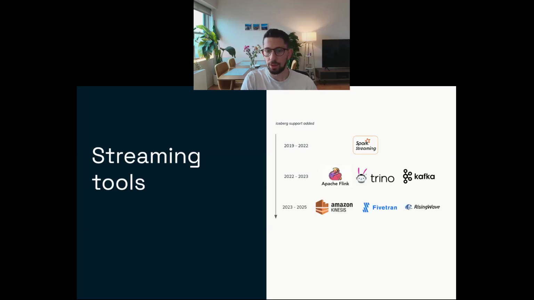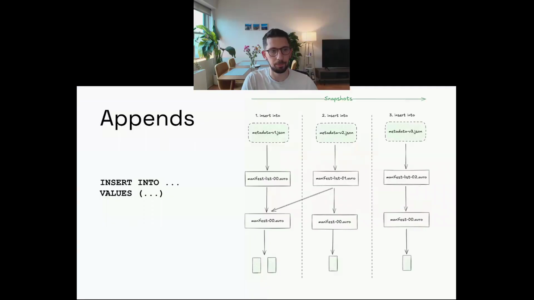And then later on, even closed source engines such as Kinesis and Fivetran and RisingWave and StreamNative and so many other engines that allow us to stream right into Iceberg today. So the amount of tooling is really varied, and there's a lot of support currently, and new tools are being added every day.